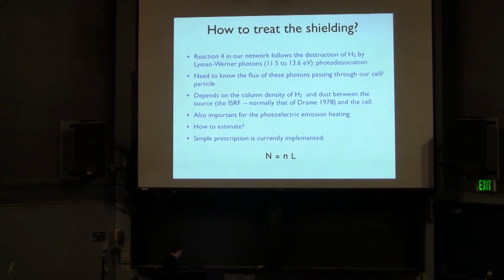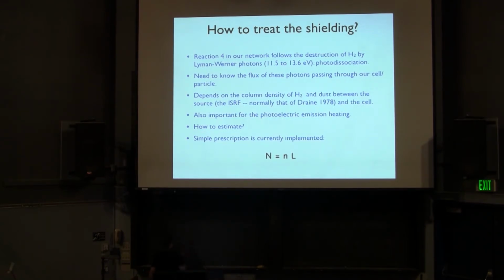If you need to know the column density of H2, for example, you would just take the number density of H2 locally and then multiply it by that length scale. Again, you're then assuming that you've got the same H2 fraction everywhere in the cloud. That's probably wrong.